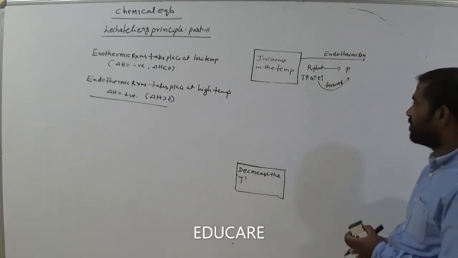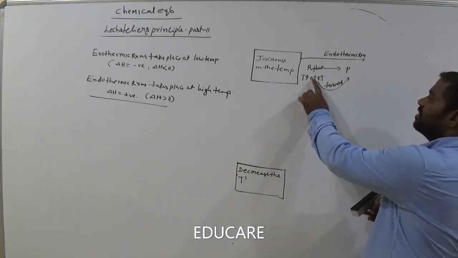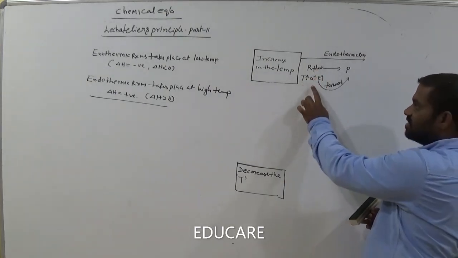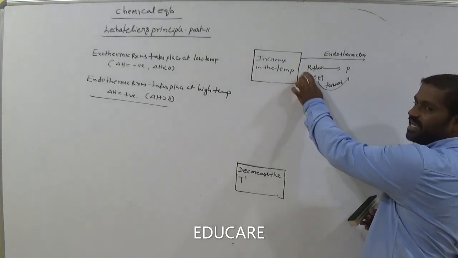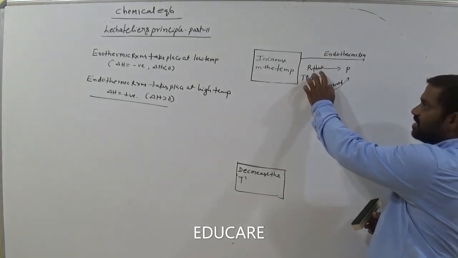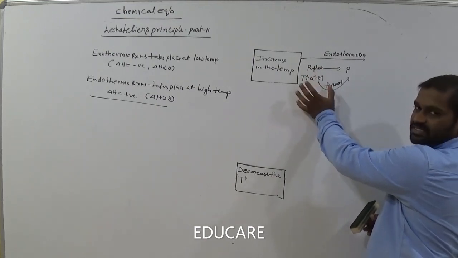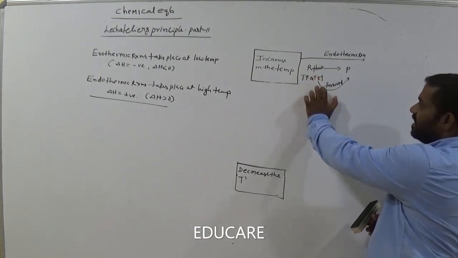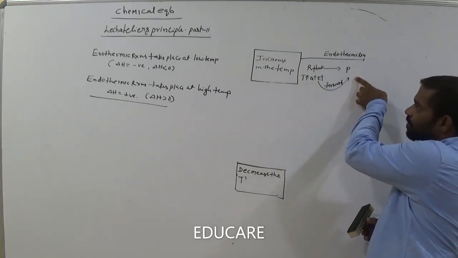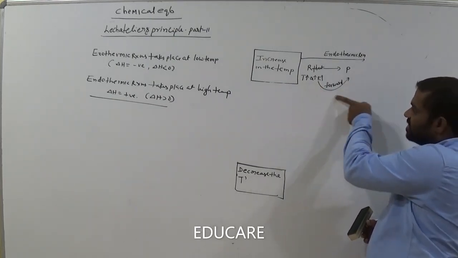When increasing the temperature of the system, suppose it is an endothermic reaction. In this case, what happened? Endothermic reaction means heat energy is added at the reactant side. Q is high, T is high, and R value is also high. Am I right? Suppose this heat energy is taken as a reactant. Suppose heat energy is high, that means reactant is high. So the reaction proceeds towards the product. Am I right? So which direction is it?